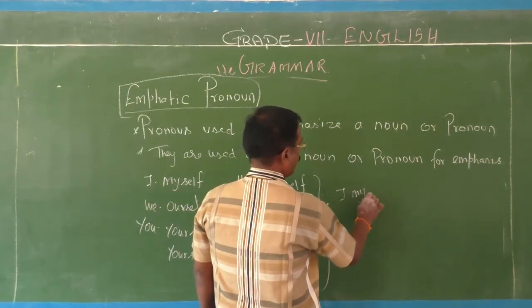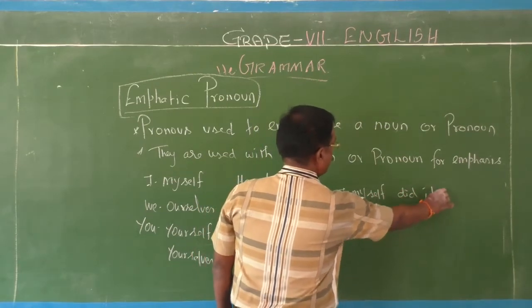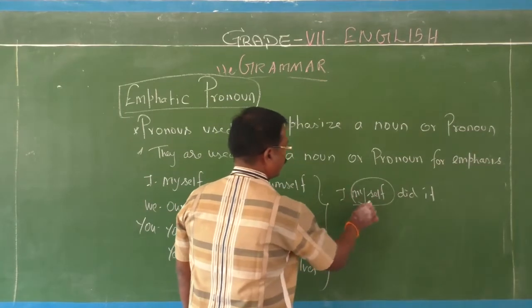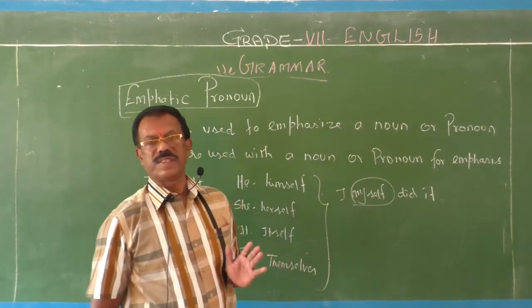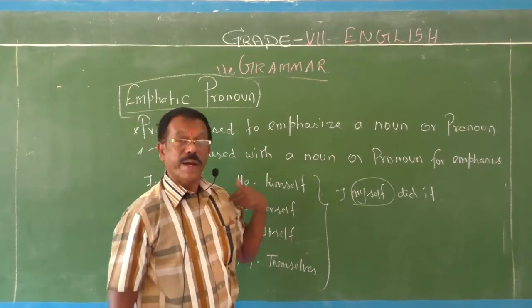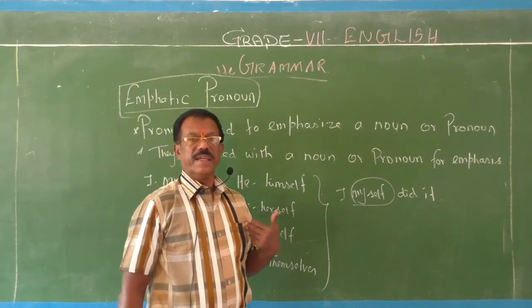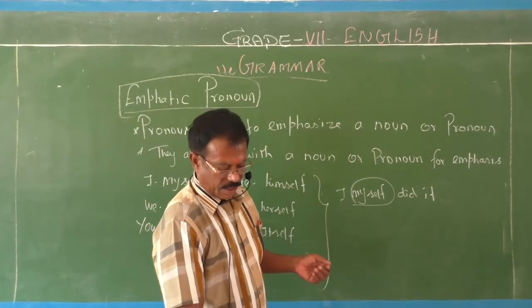I myself did it. Here, this myself is used with the subject pronoun I to emphasize who did it.